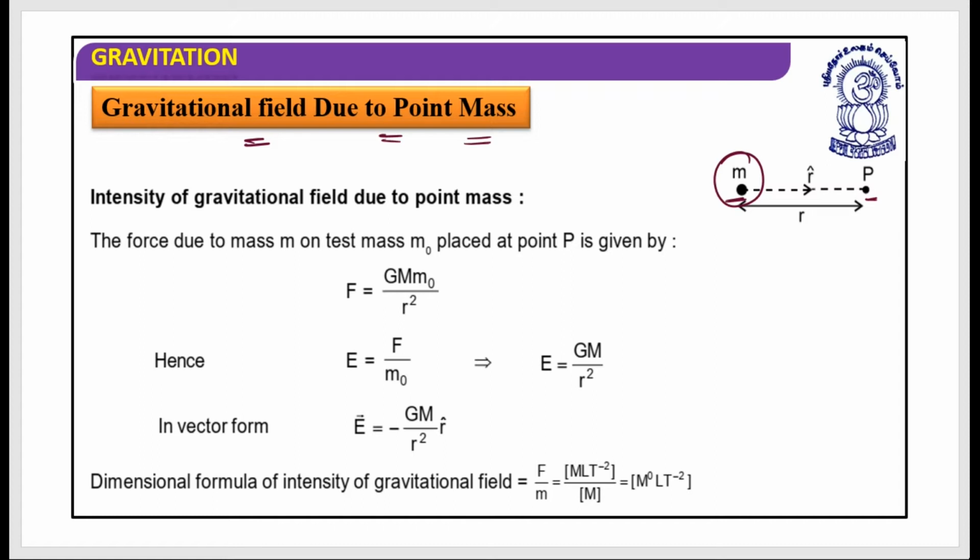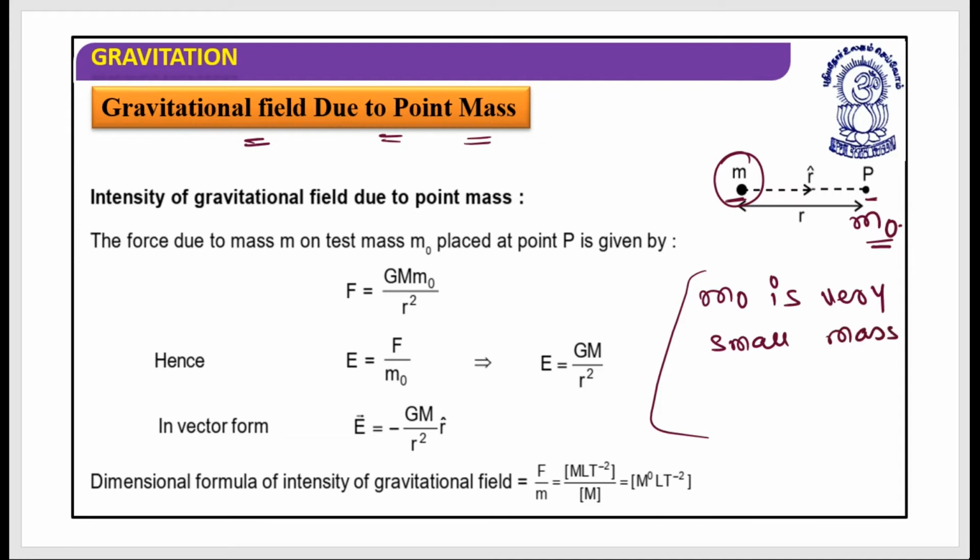What we are supposed to do is, at a location where the gravitational field is required, we always put one test mass m naught over there. When I say test mass, we must understand that m naught is a very small mass.